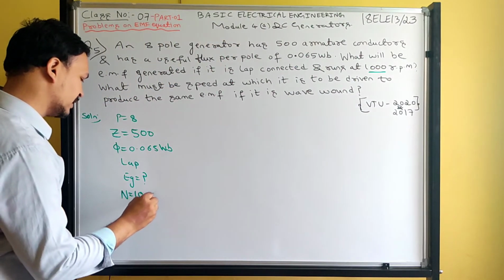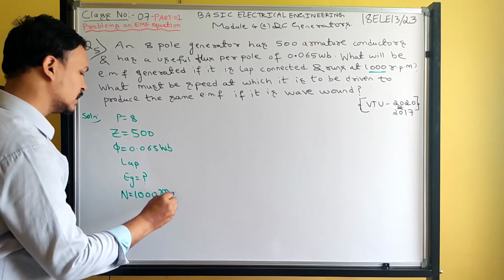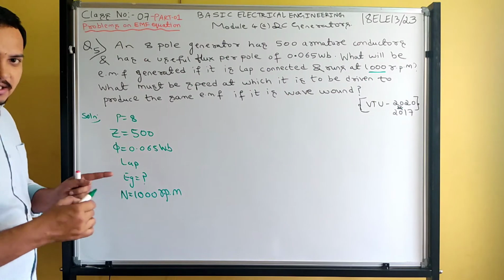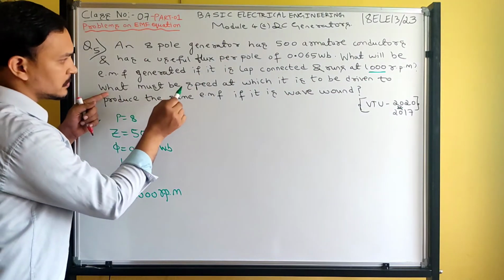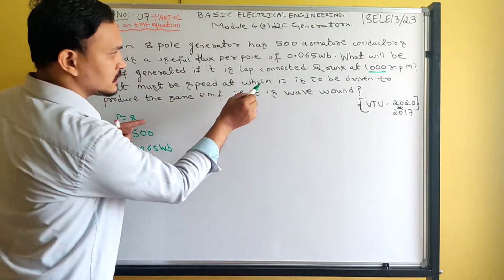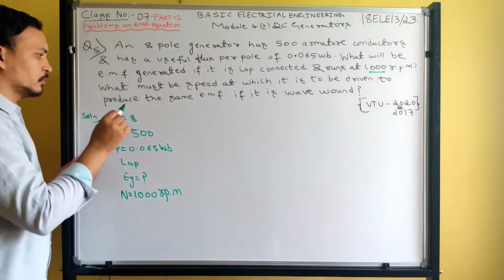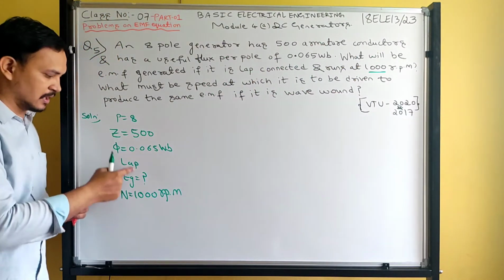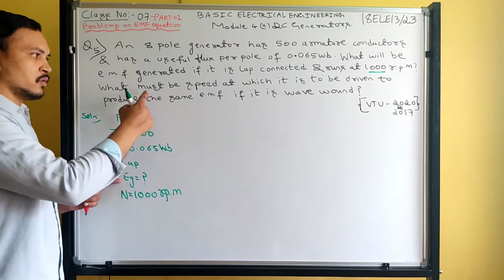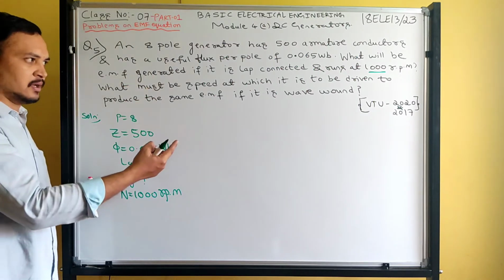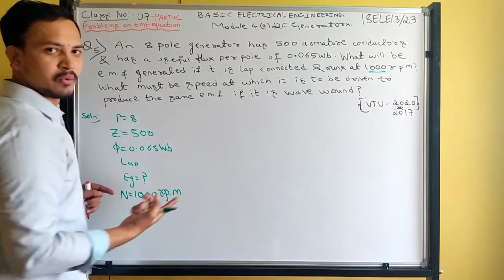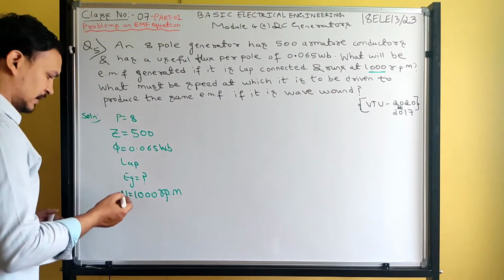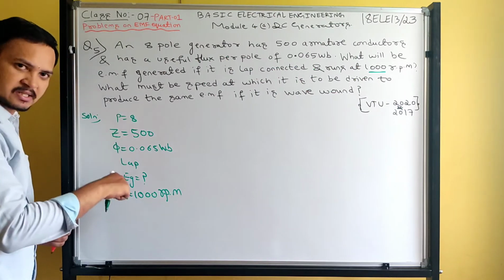So the speed of the machine is 1000 RPM. This is the first part. The next part is: what must be the speed at which it is to be driven to produce the same EMF if it is wave wound? You are going to find the EMF from this data, and with the same EMF, find the speed it should be driven at if it is wave wound. Understood? No question. So let's find the Eg from this data.